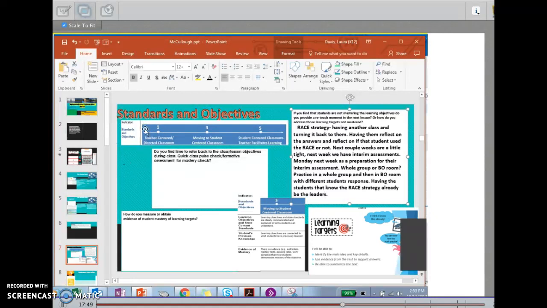Also, our rubric in instructional coaching, standards and objectives is one of our indicators. If you look at this up here, this 1, 3, or 5, and think of what we're talking about, of finding that piece that they're not mastering and being able to do a full circle and come back and do an activity to reinforce that, you're moving from teacher-centered towards student-centered, and even towards a completely student-centered classroom where the teacher is facilitating the learning.